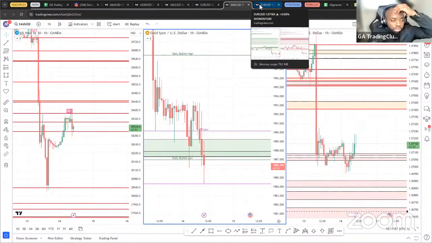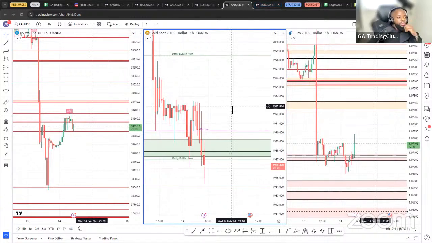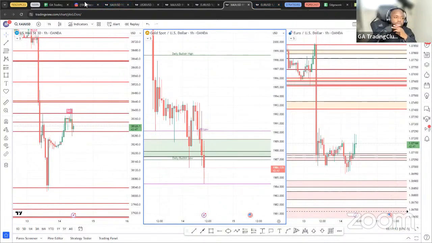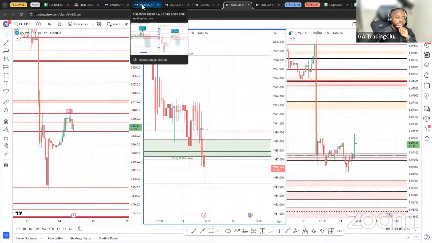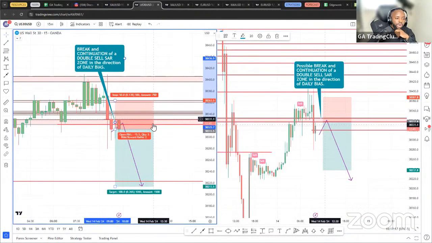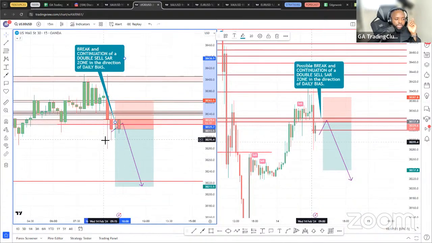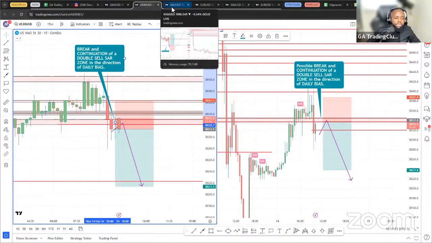All right, so we'll just wait and see how this trade plays out, and then go from there. Those will probably be my two trades of the day. This US 30, and then the gold one will probably be my second one for the day.